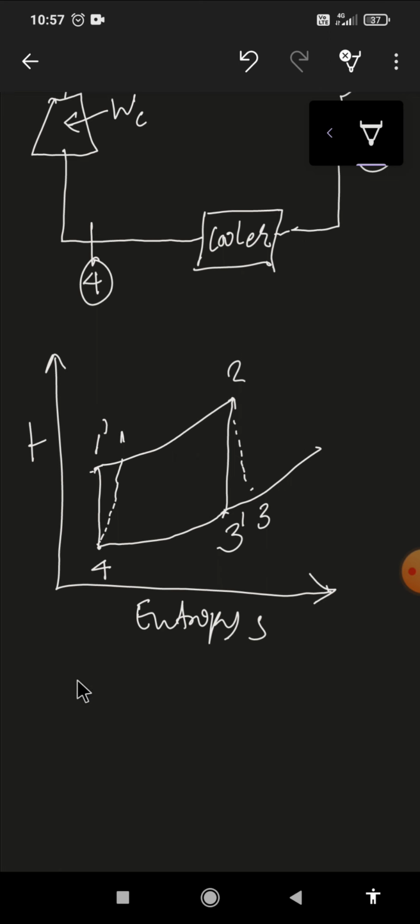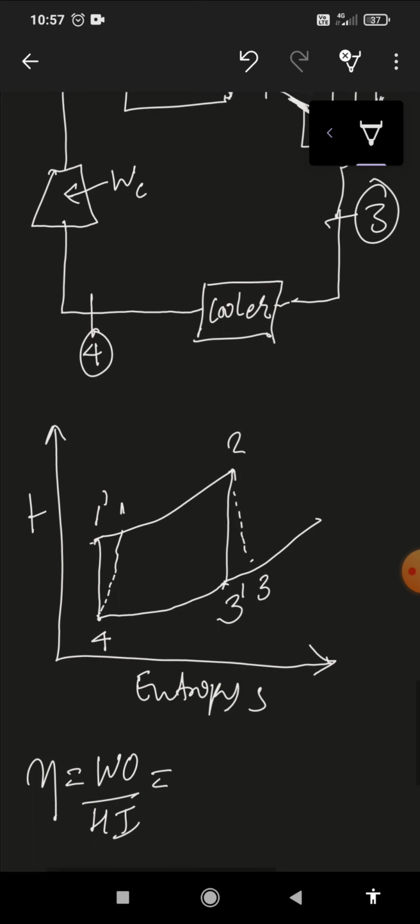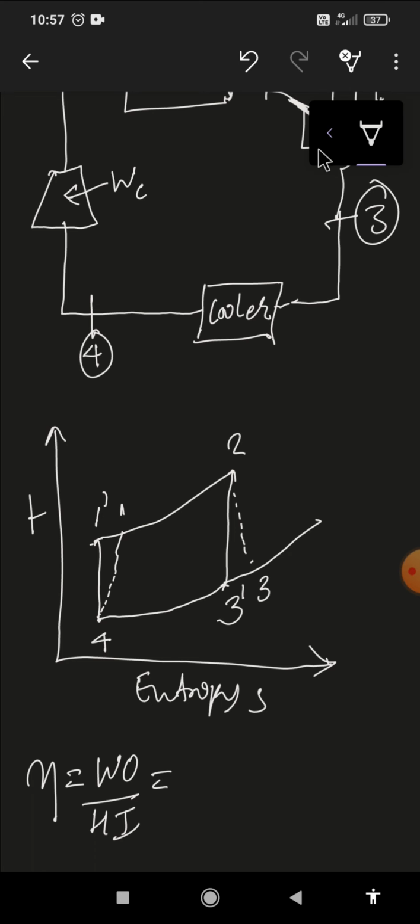In terms of the TS diagram, efficiency is equal to work output upon heat input. So let's do the work output. Where are we getting the output? We get output in the expander, that is the generator, the 2 to 3 process.